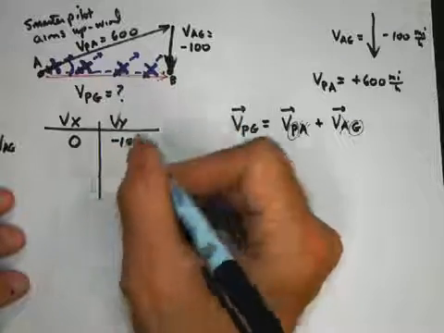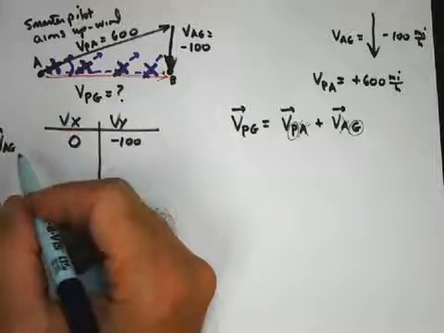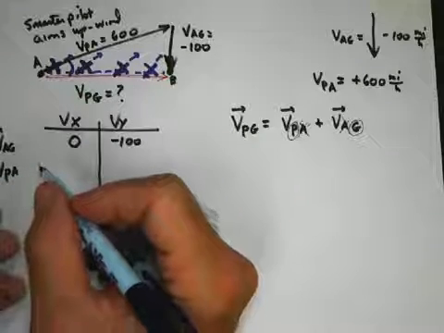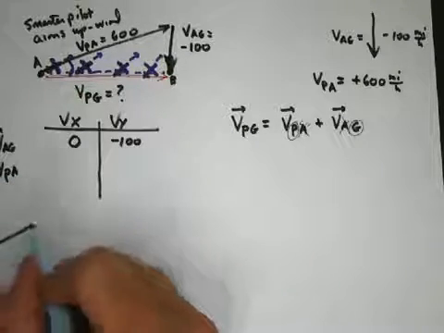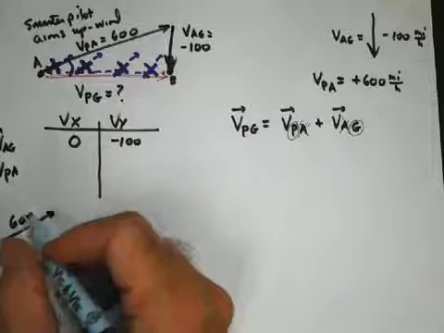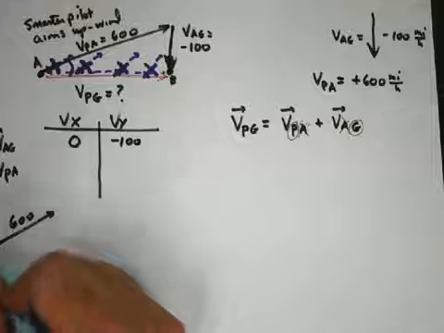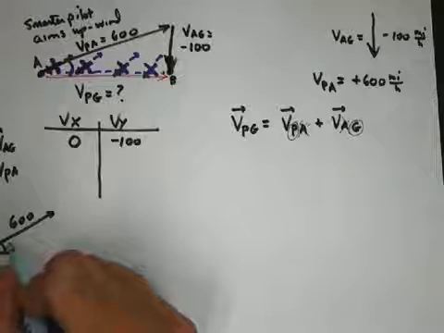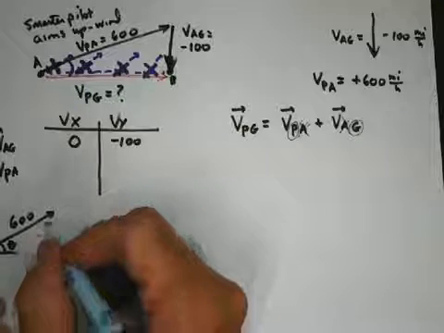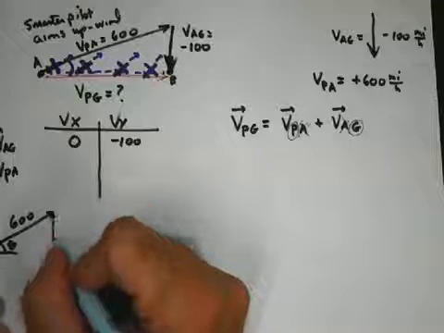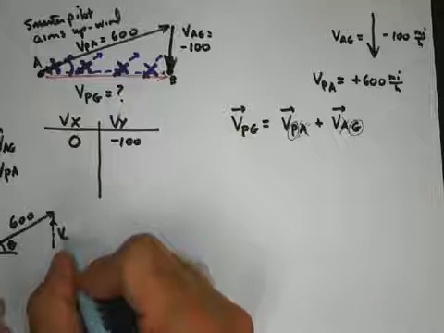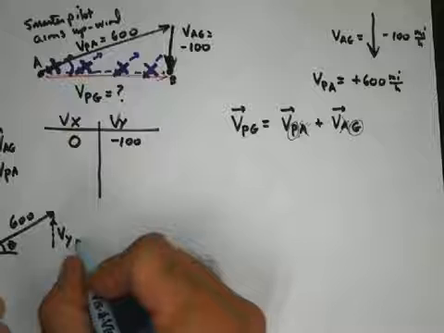How about splitting up the velocity of the plane with respect to the air? Well, I can just draw a 600 mile per hour hypotenuse. We don't know what the angle is, but we want to find out what the vertical component is here. That's Vy of the plane with respect to the air.